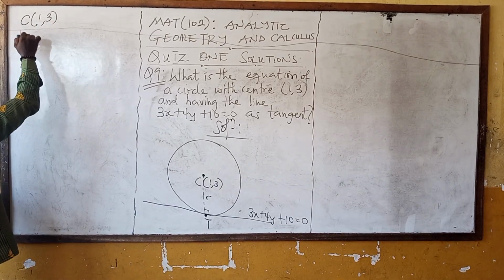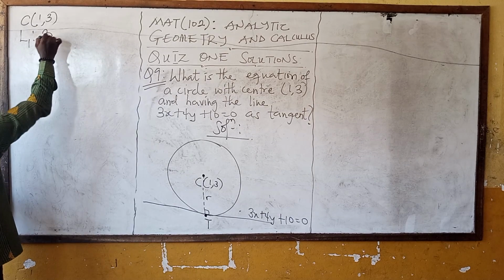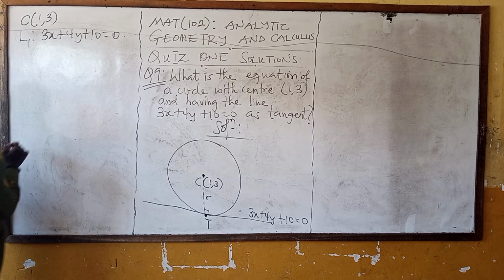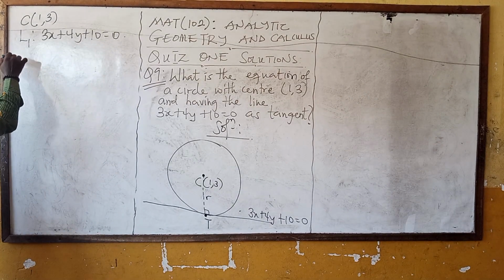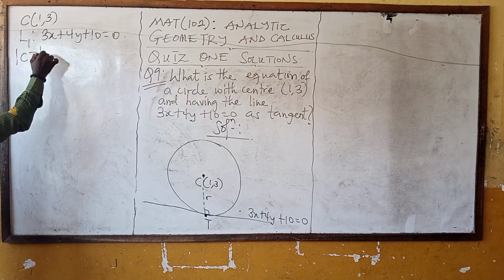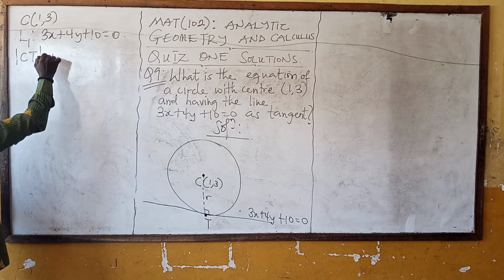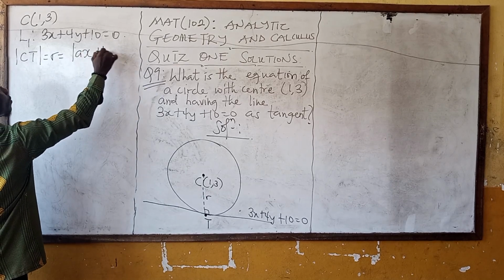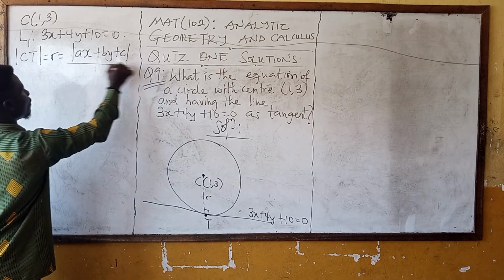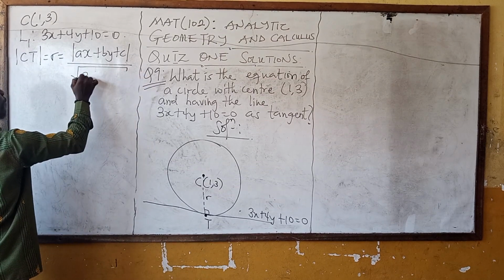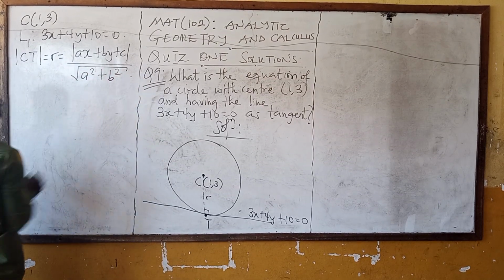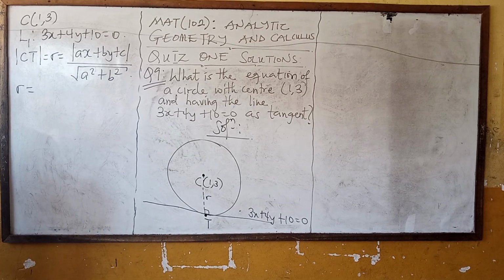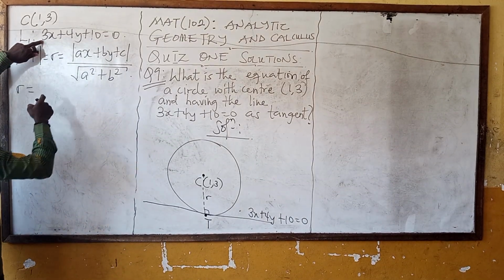Then my line, let's see, L1, which is 3x + 4y + 10 = 0. So we are finding the perpendicular distance, which is the length of CT, the same thing as R, right? Which is |Ax + By + C| divided by the square root of A squared plus B squared. So now I can see that my R is equal to, we can compare. You can see that A is 3.